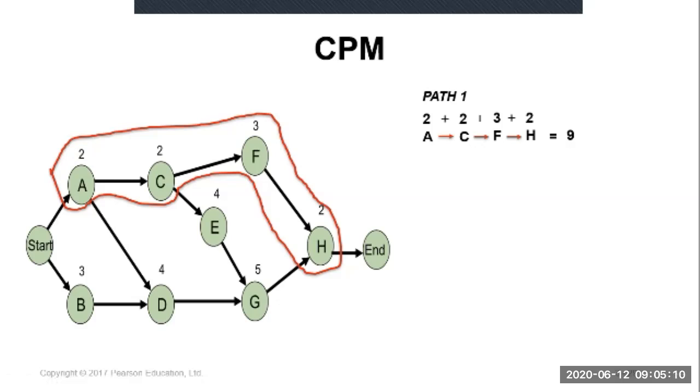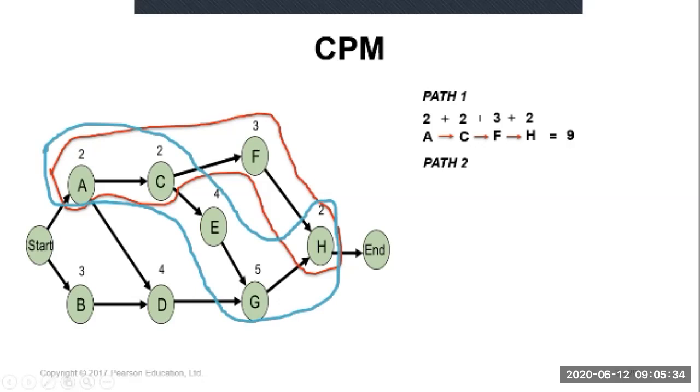But we have to remember, H can only start when you complete G and F. This path alone takes about 9 weeks. Path 2 is A, C, E, G, H. You have to identify all paths.